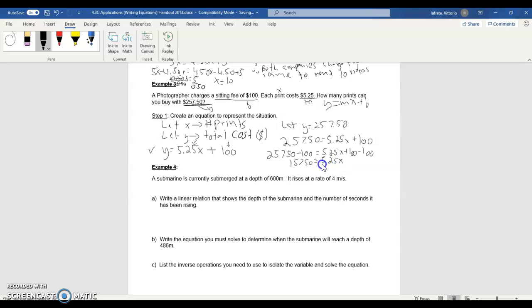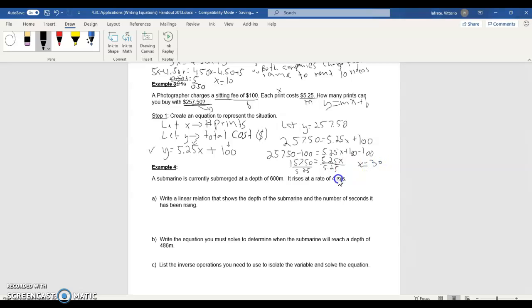And then we can divide by 5.25 on both sides. And so we're going to have 157.50 divided by 5.25. And we get X is equal to 30.